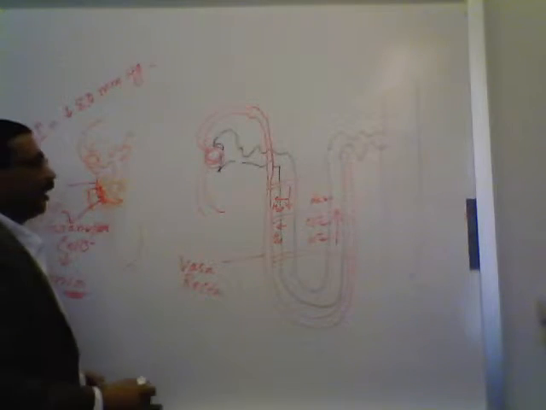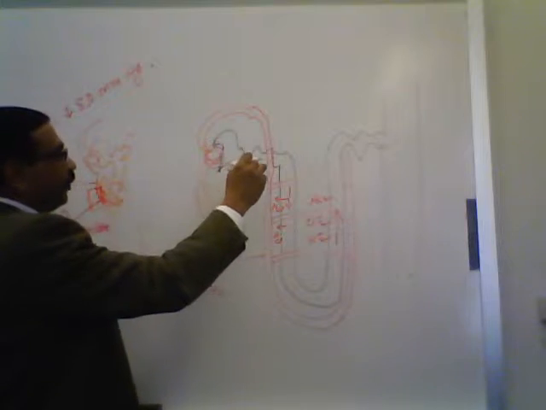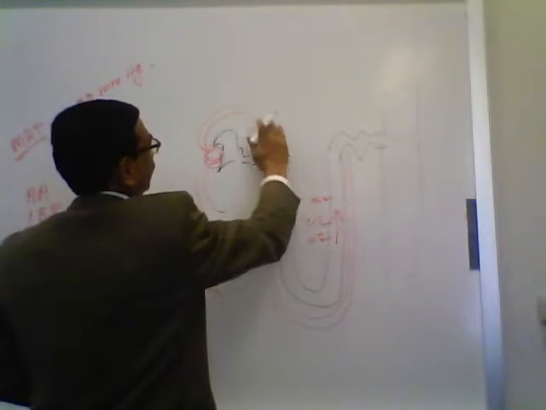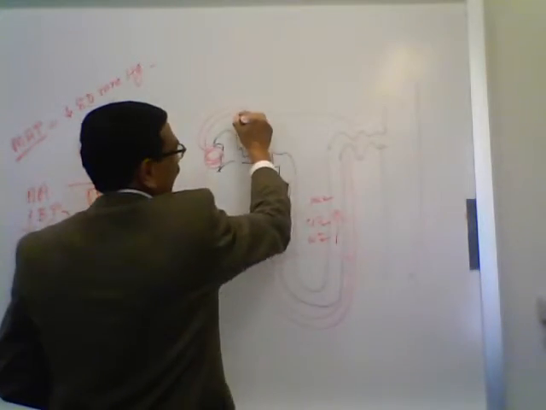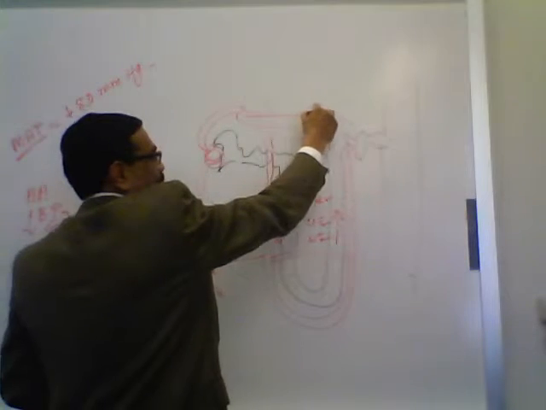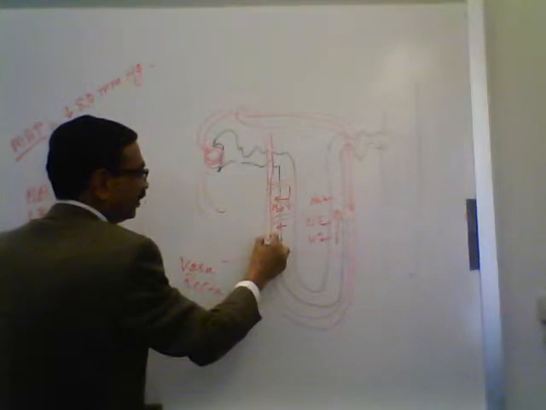Okay. Now the blood actually flows this way, here, this way, and then all this way. So when the blood enters the vasa recta, it flows in this direction.